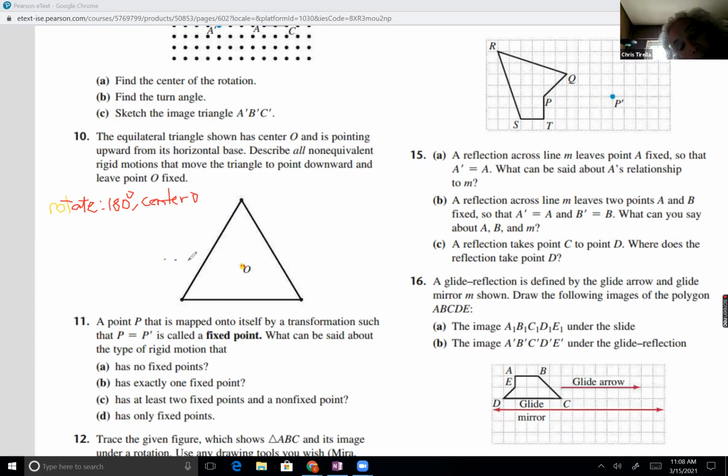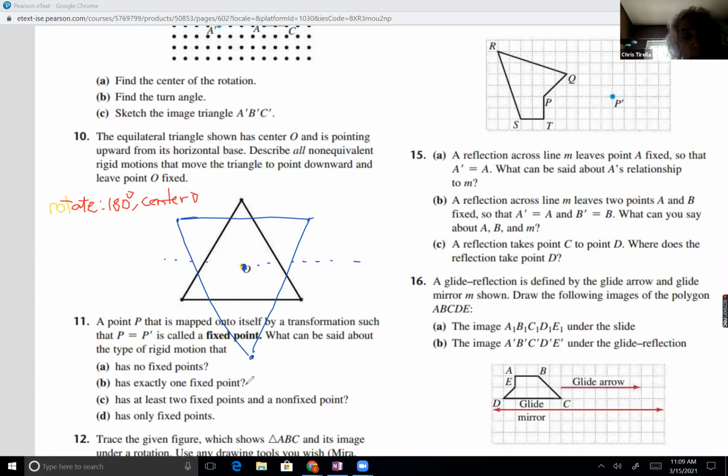Could I picture putting a line parallel to this base, and if I folded it over that line, wouldn't it turn it upside down? And that point would be the same. Are there any other lines that I could fold that over and have it turn upside down? Any ideas?